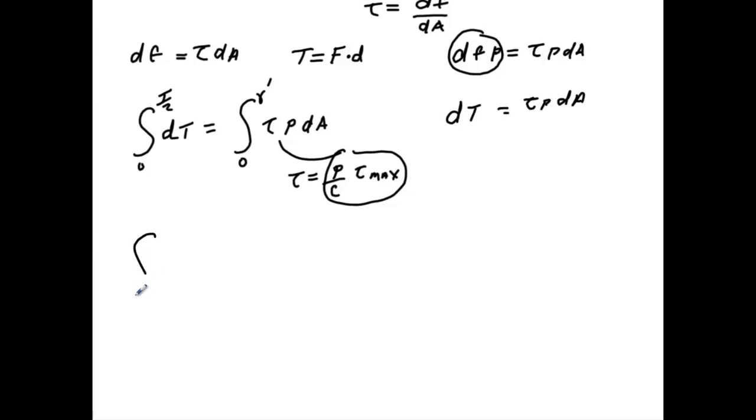Again, this is a pretty long integral. So we go 0 to t over 2 of dt, equal to the integral from 0 to r prime of P over C times T max, times P, times dA.